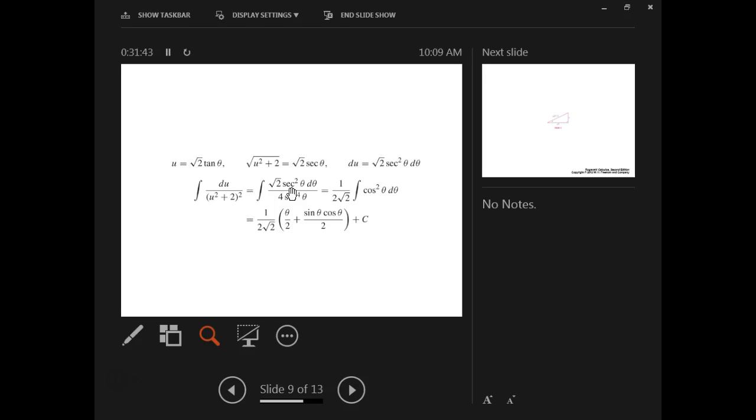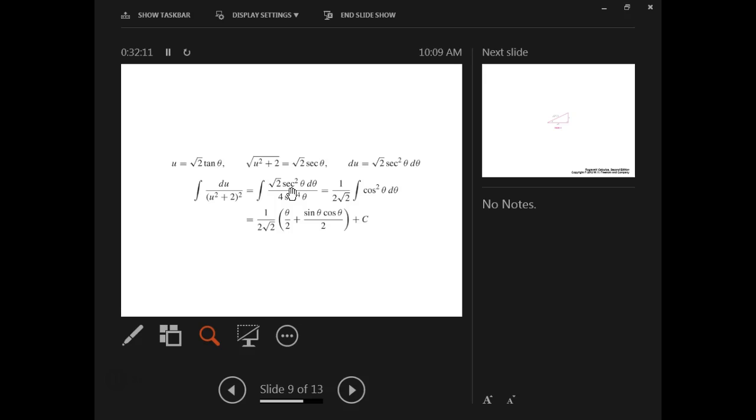Anyway, I'm not really sure. But anyway, this integral here becomes, just like we did, the square root of 2 secant squared theta d theta over 4 secant to the fourth theta. Go back and look, exactly that. They pulled out the square root of 2 over 4 and put the root 2 over in the denominator. Why? I don't know. Okay, times the integral of cosine squared.